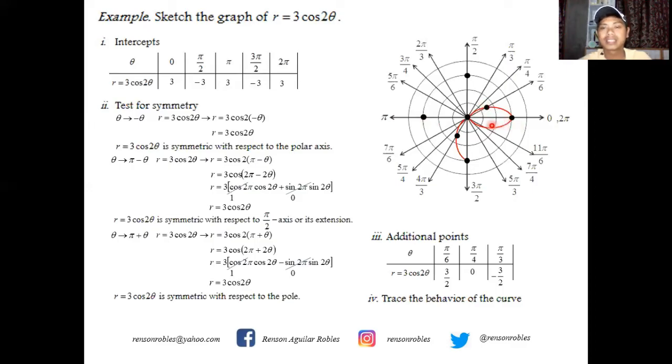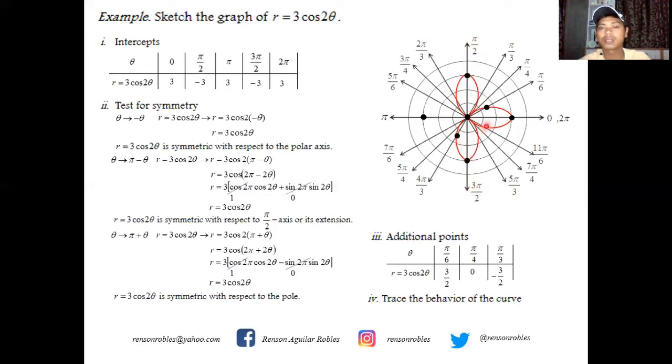And then again, this part of the curve, since it is symmetric with respect to this line, will have a reflection above this line. So we'll have that. And then finally, the polar equation is symmetric with respect to the pi over 2 axis, or this line. So these two curves will have an image on the right side, and it will look like that.